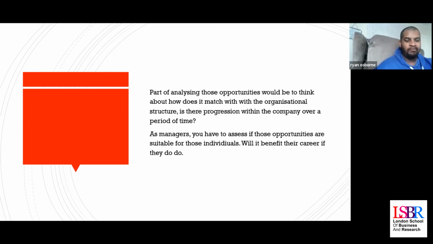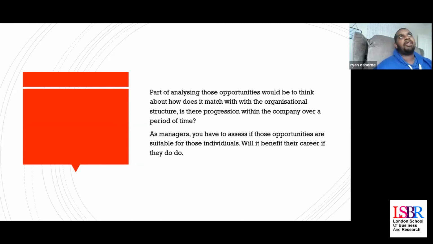Is it suitable for their development at hand? And is it suitable for them as a whole? And then you've got to look at, is it going to benefit their career if they do so? Will the individuals benefit from that particular opportunity?